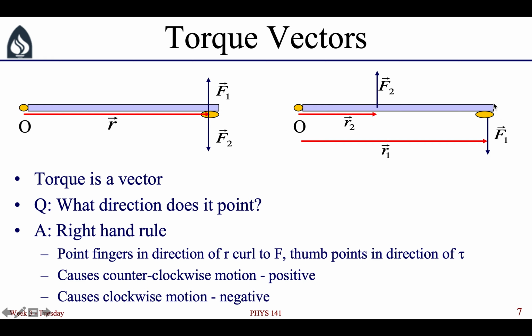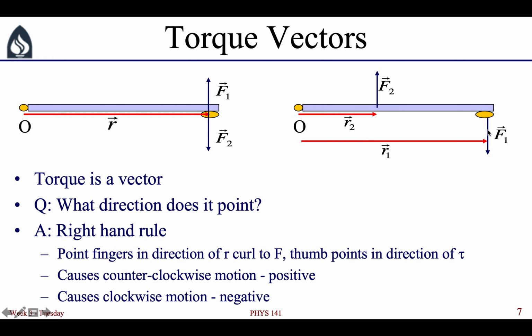So let's look at this example image here. If we just imagine pushing with this one force, F2, then the door would swing about the hinge in a counterclockwise fashion, and so that would be a positive torque. So the torque caused by F2 is positive.